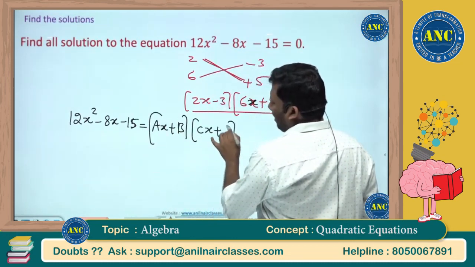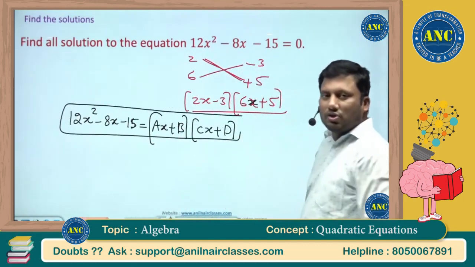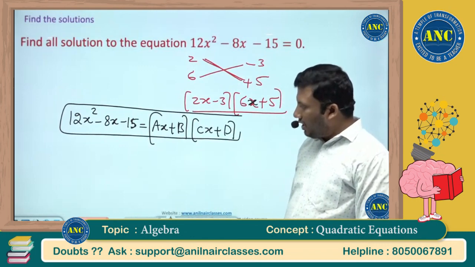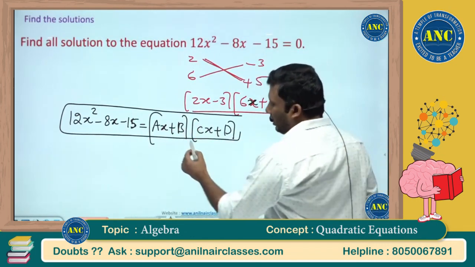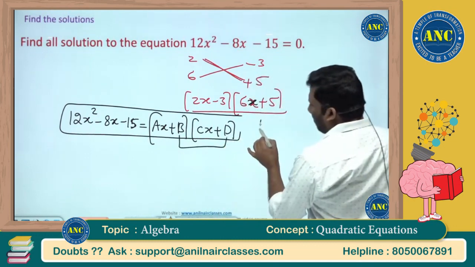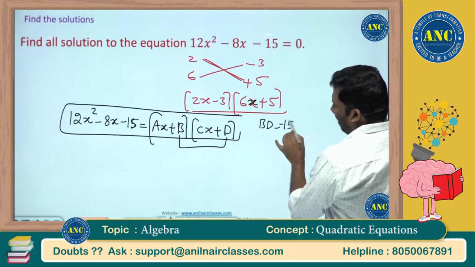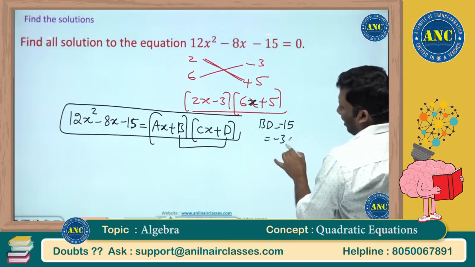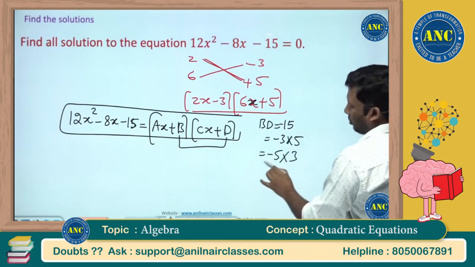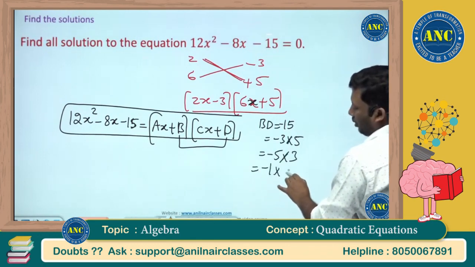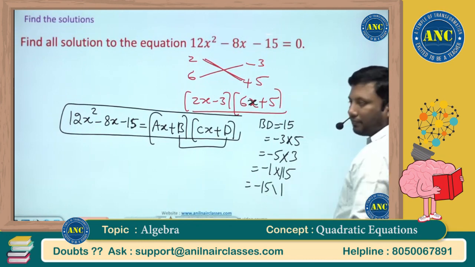A quadratic function can be written as a product of two linear equations. The product of constants b into d is minus 15. Minus 15 means it can be minus 3 into 5, minus 5 into 3, minus 1 into 15, or minus 15 into 1.